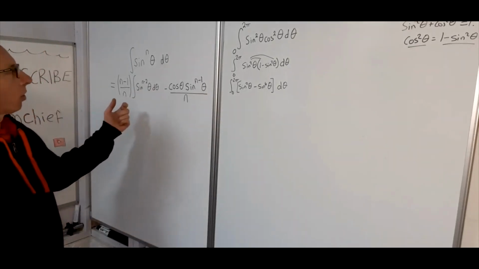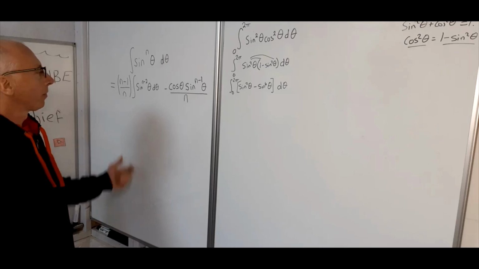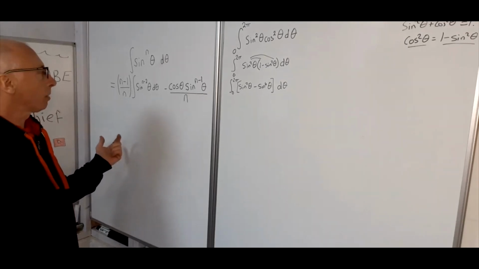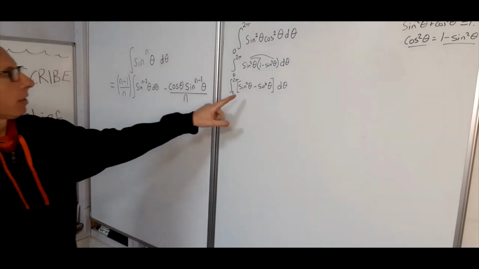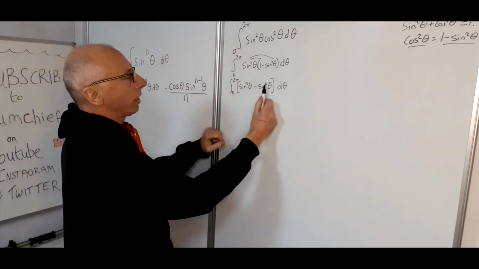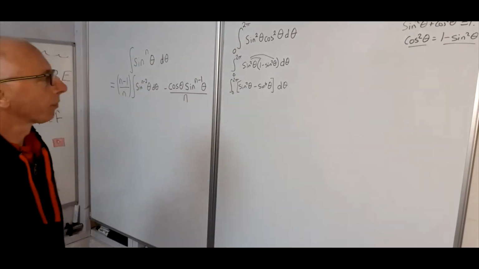Now this works for all values of n, all integers especially. So sine to the power of n, so here we've got a sine squared and a sine to the 4.